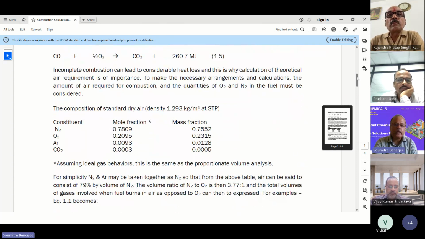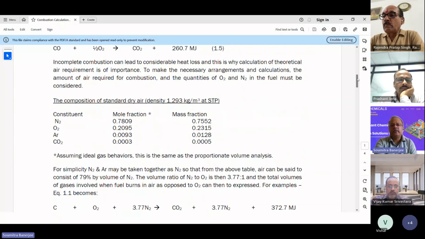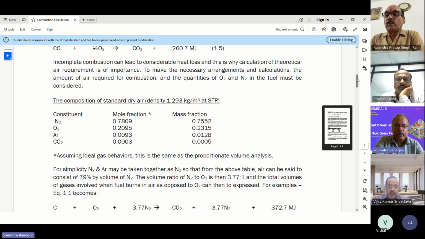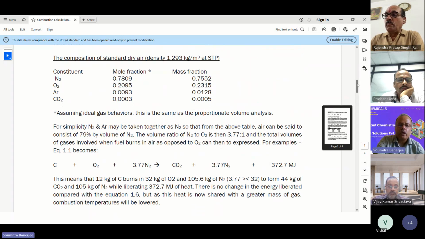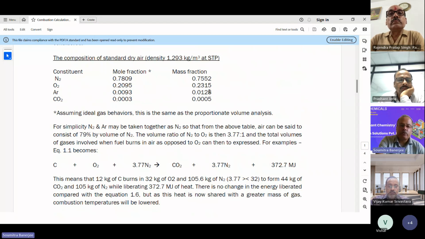The composition of standard dry air: the density is 1.293 at standard temperature and pressure, as we know. Nitrogen, oxygen, argon, CO2 are available in mole fractions. And that is how we calculate how much air is required to do this complete combustion.